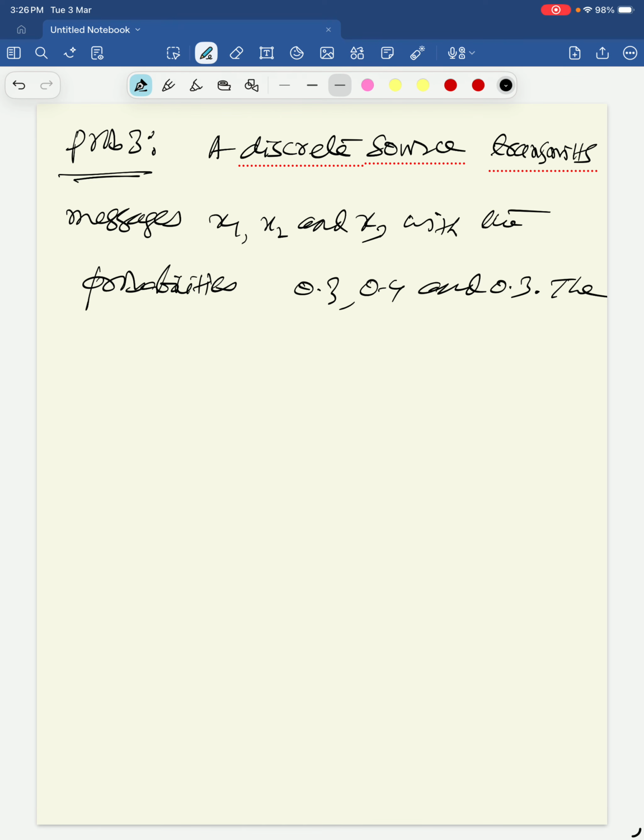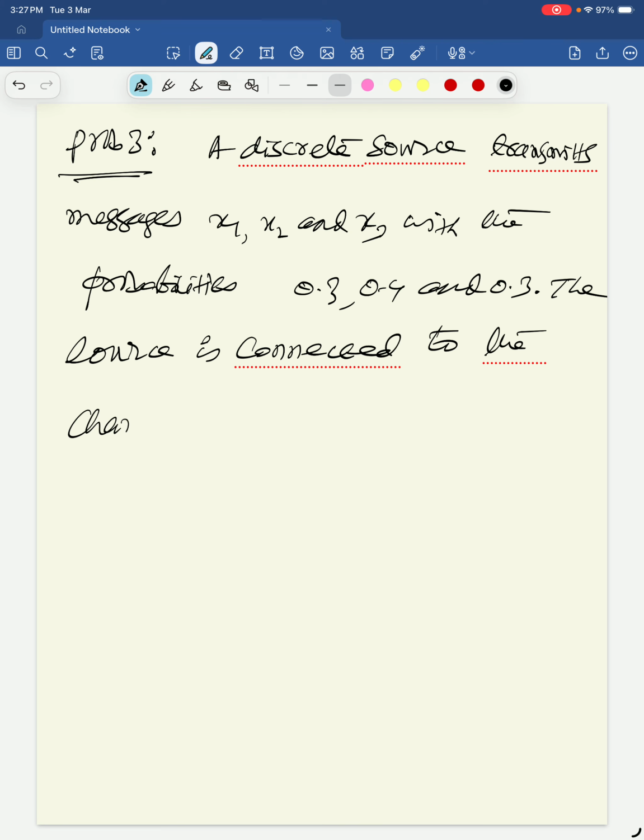The source is connected to the channel given in the figure below.